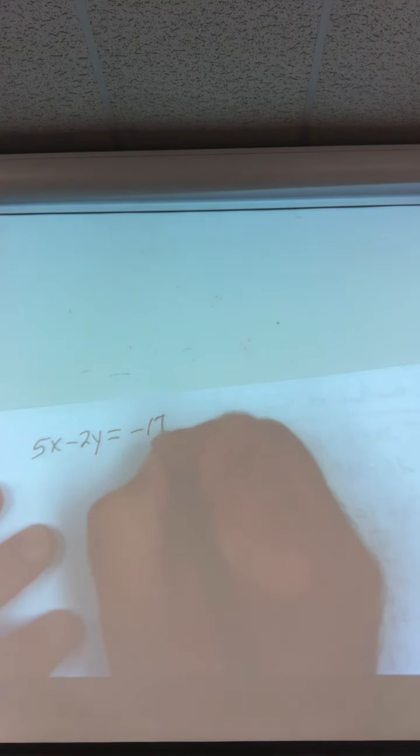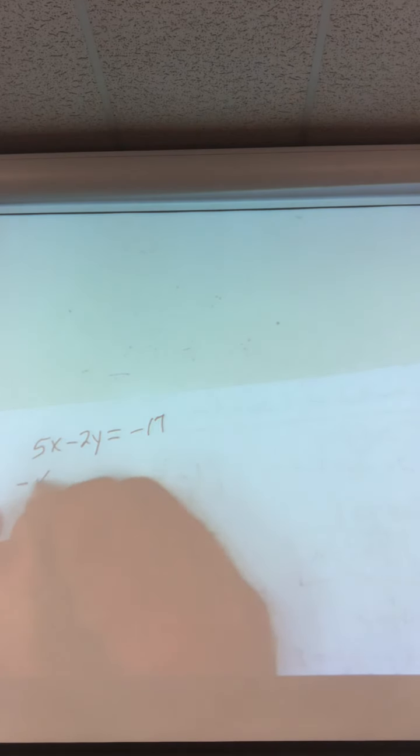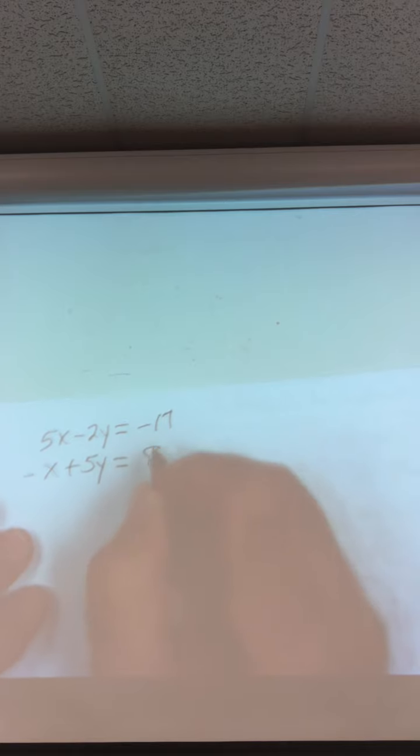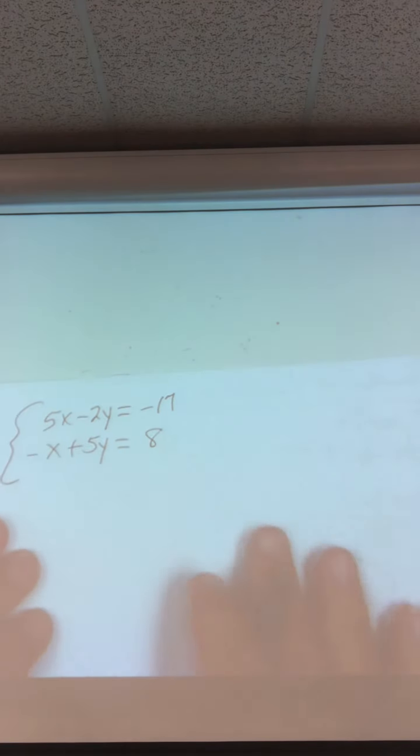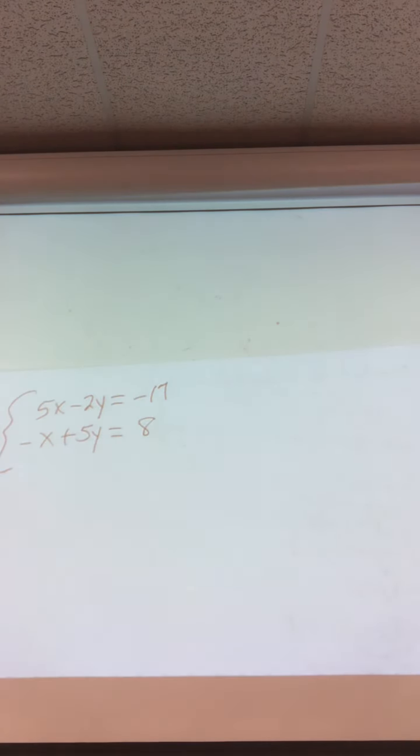Okay, let's do another example by substitution. We've got 5x minus 2y equals negative 17, and negative x plus 5y equals 8. And I want to do substitution.